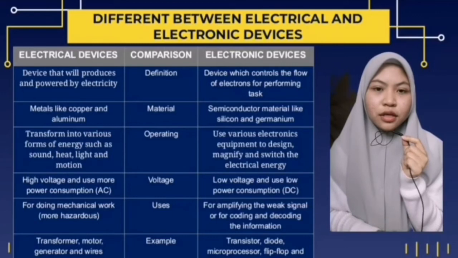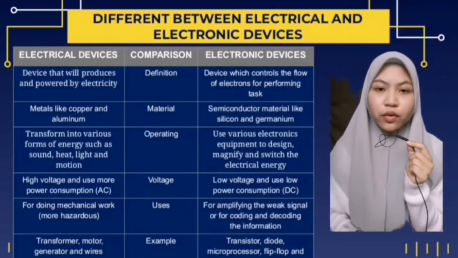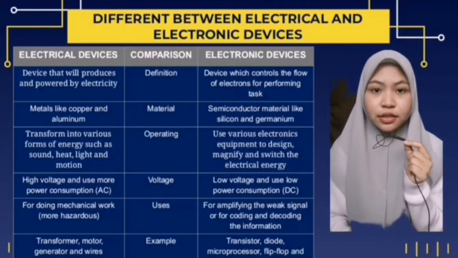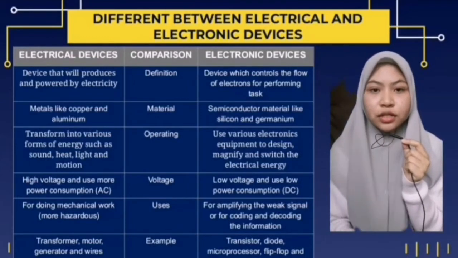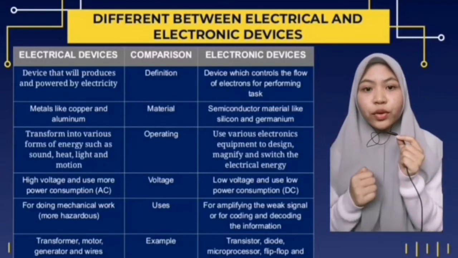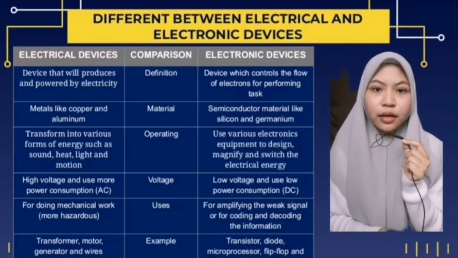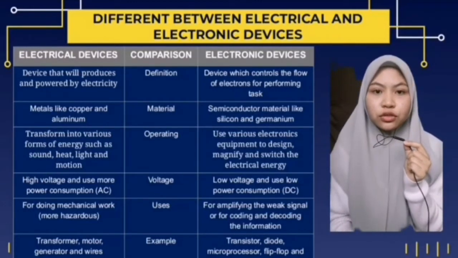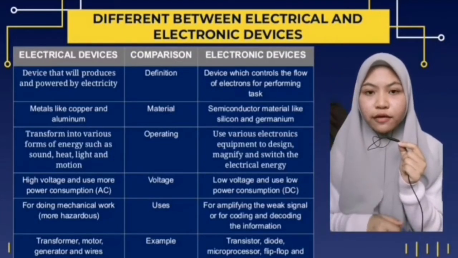Next, the voltage usage for electrical devices is high voltage and more power consumption, so it is based on AC, while electronic devices have low voltage and low power consumption, so their current function is based on DC. Next, the use of electrical devices is for doing mechanical work and they are more hazardous because these devices are big and take up a lot of space to process more data. Meanwhile, electronic devices are used for amplifying a weak signal or decoding information.